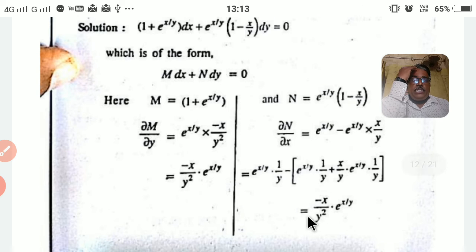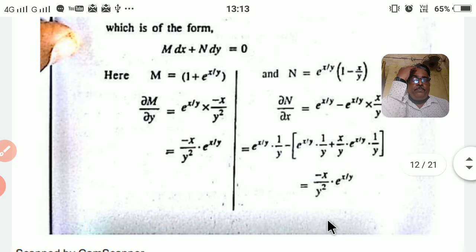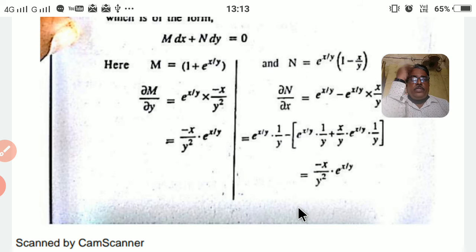After simplification we get −(x/y²) e^(x/y). Now see, this is ∂M/∂y and this is ∂N/∂x, both are the same, so therefore the given equation is exact.